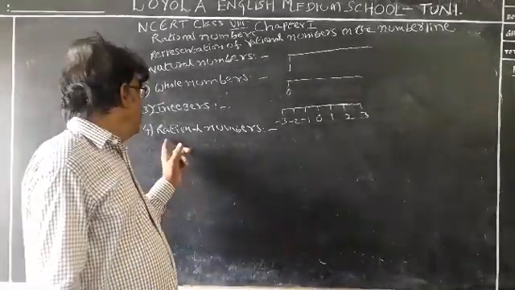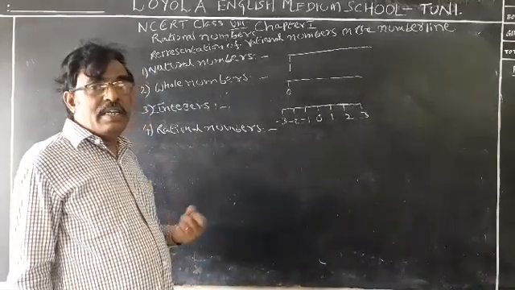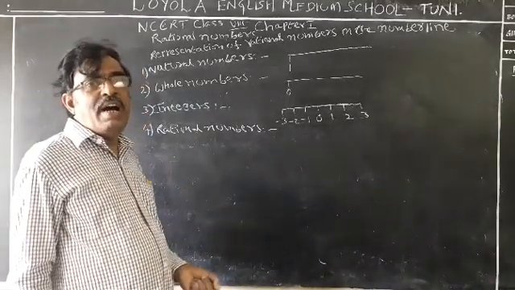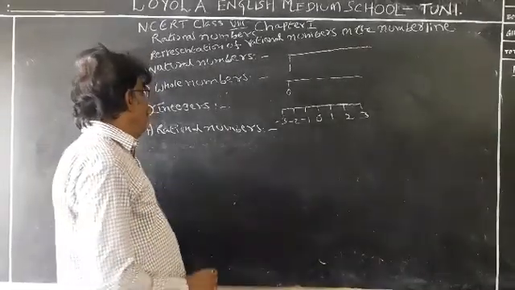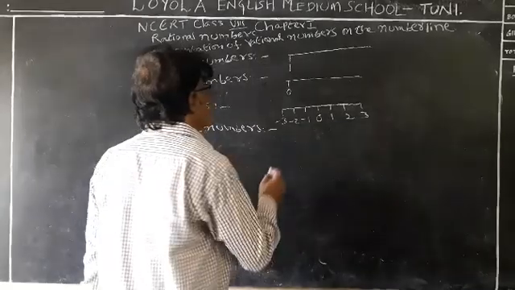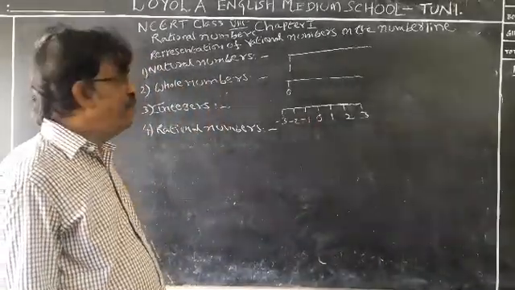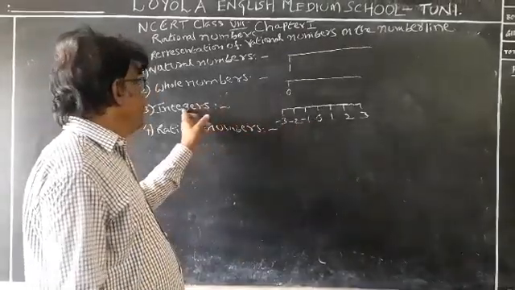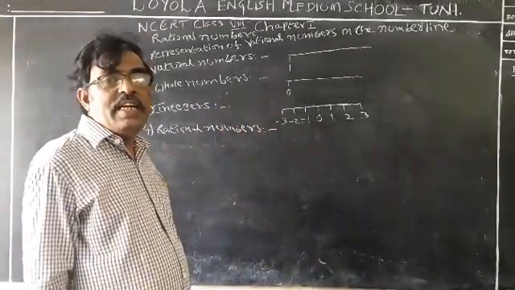That means rational numbers may be positive or negative. So how do we represent rational numbers on the number line? Same procedure: just like integers, we represent rational numbers on the number line.